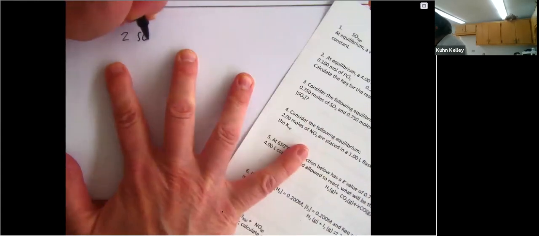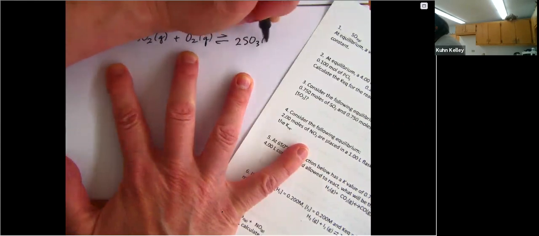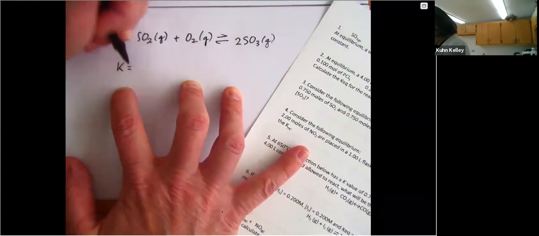So let's start by writing down our equation, and our equilibrium expression. So this, once again, our products are on top.